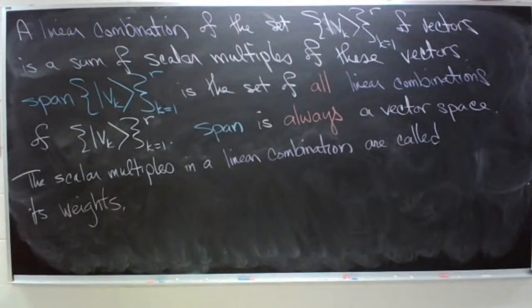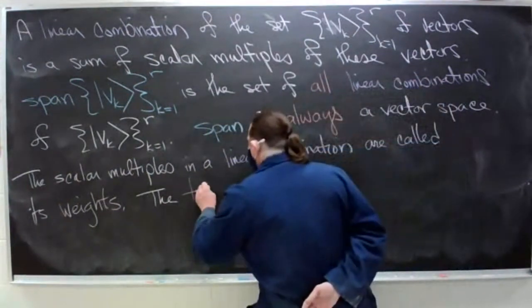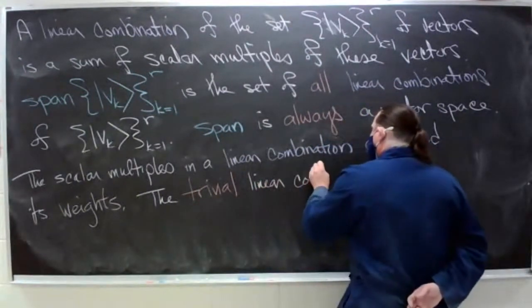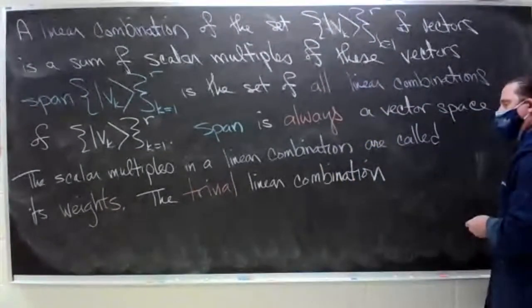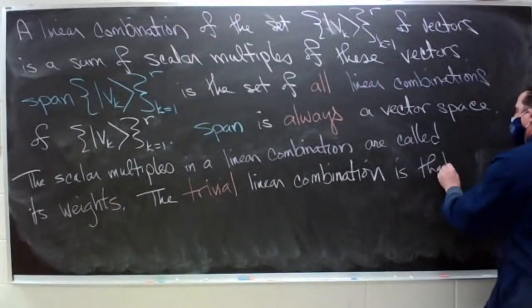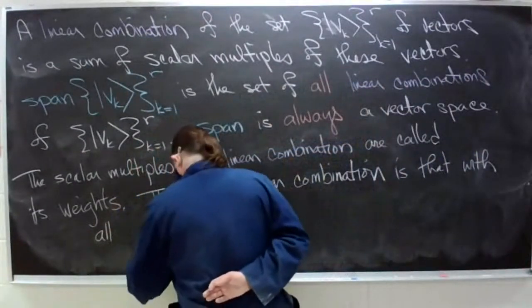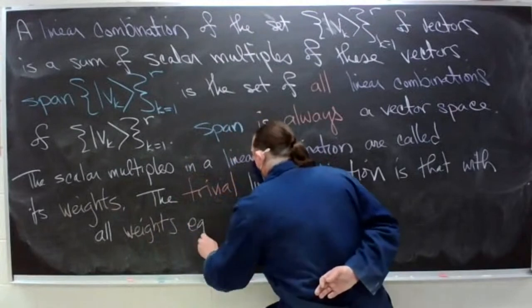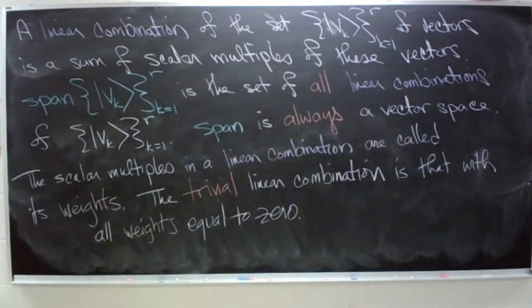Now, the trivial linear combination is that with all weights equal to 0.